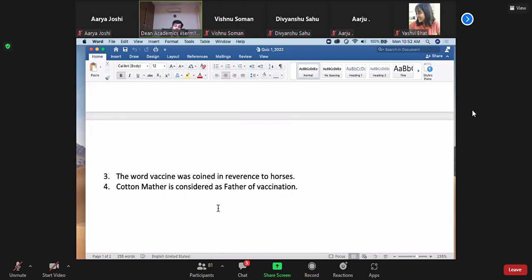Well, actually, vacca means cow, so this is not horse. And obviously, the fourth one is false because the father of vaccination is Edward Jenner, or was. Yeah, lectin-like molecules are some of these receptors present on the surface of these cells.